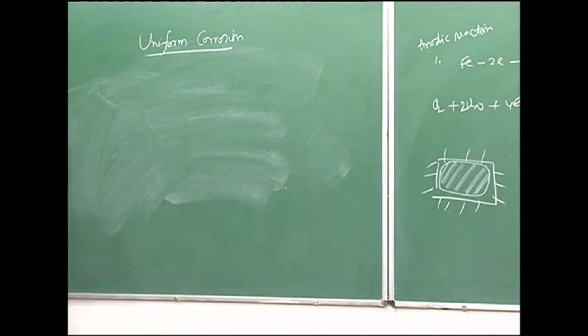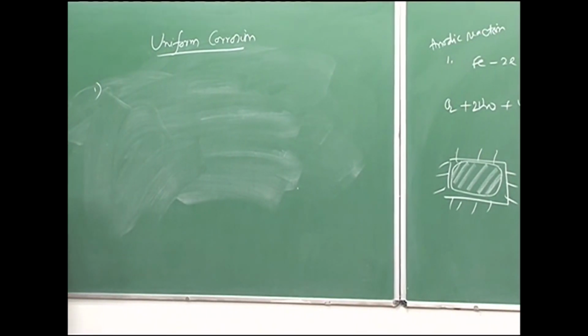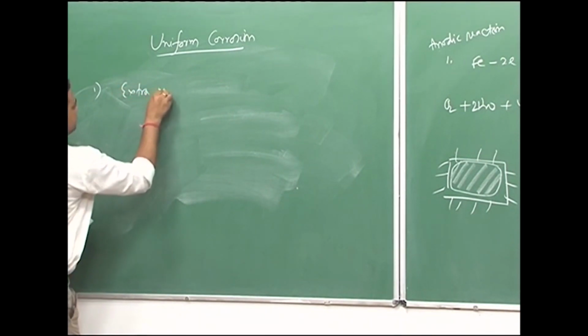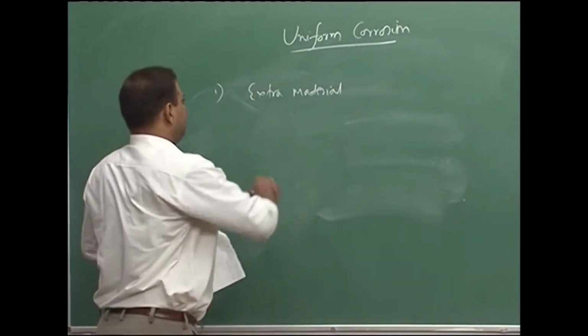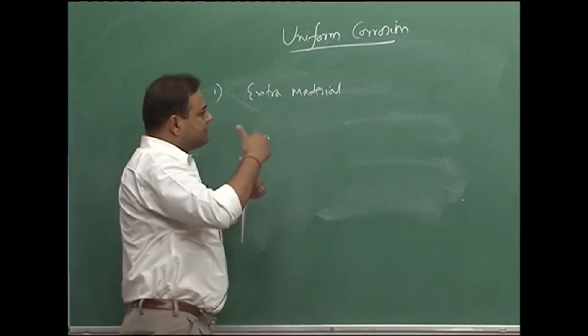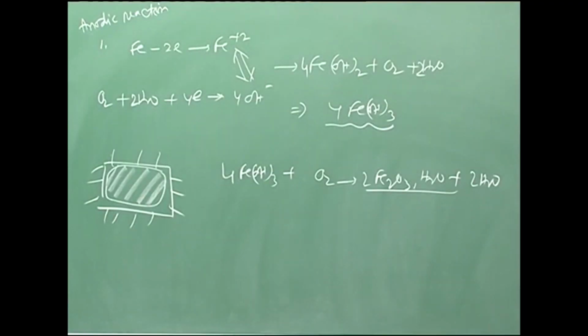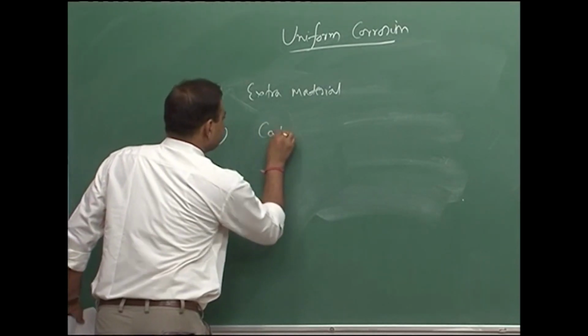Protections: one is extra material, where the dimension will be a little higher just to take care of this uniform corrosion. Second, you can have cathodic protection.